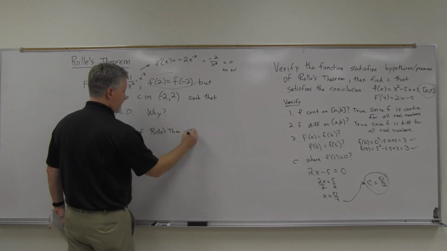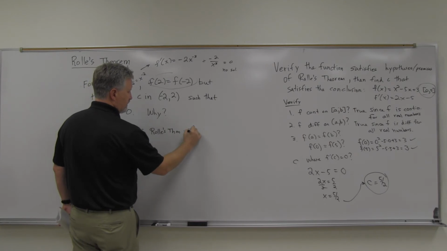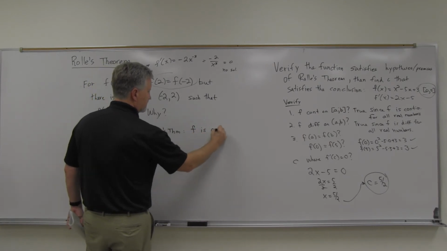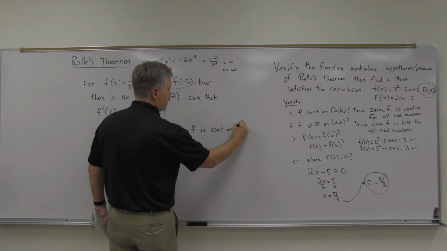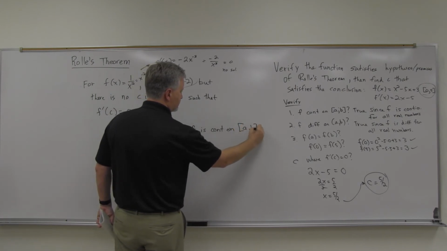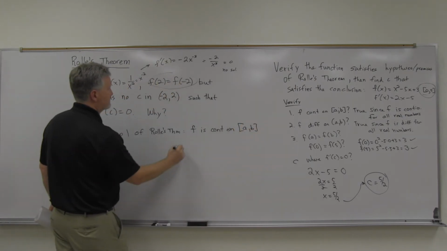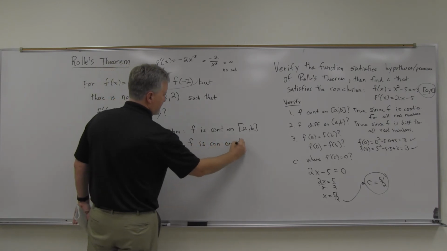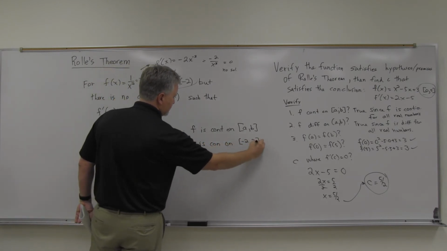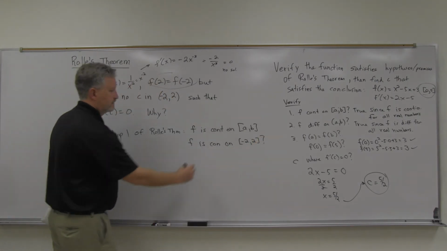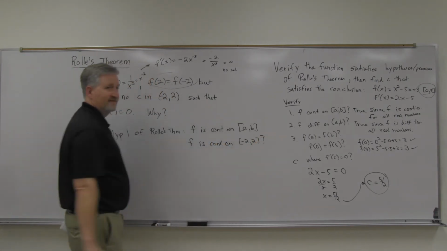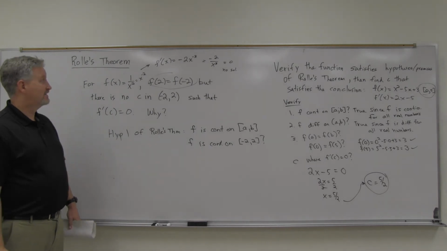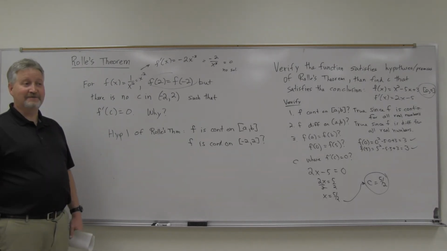It's f is continuous on [a, b]. In this case, f is continuous on [-2, 2]. Is that true here? Is f continuous on -2 to 2?